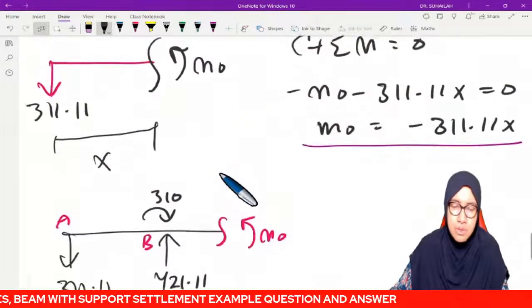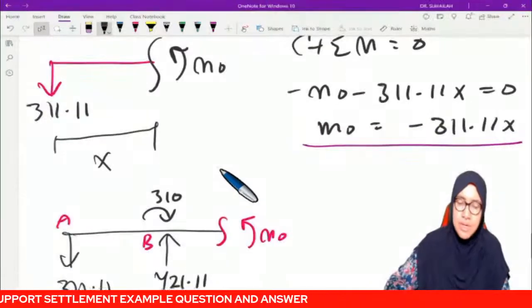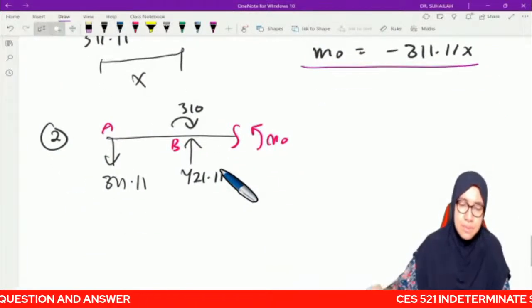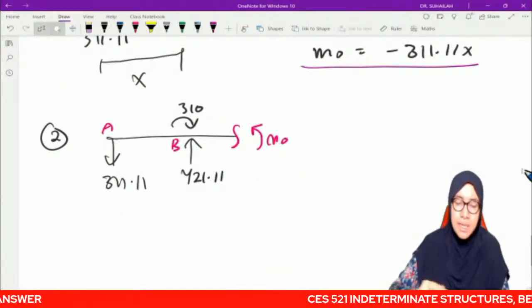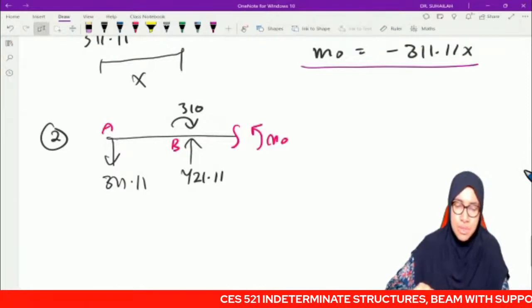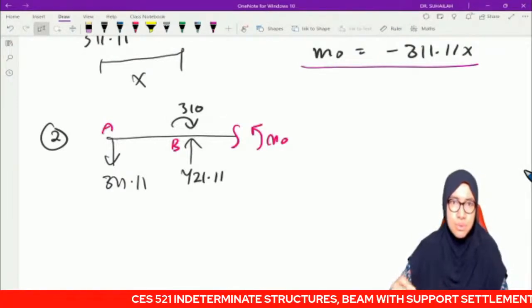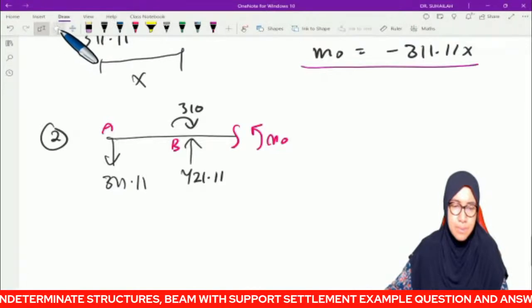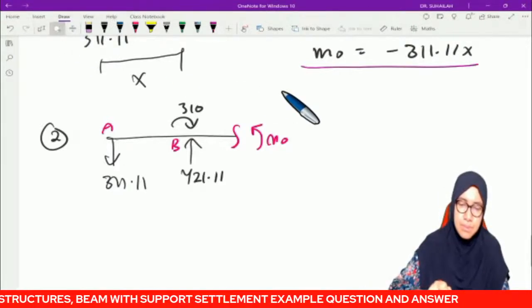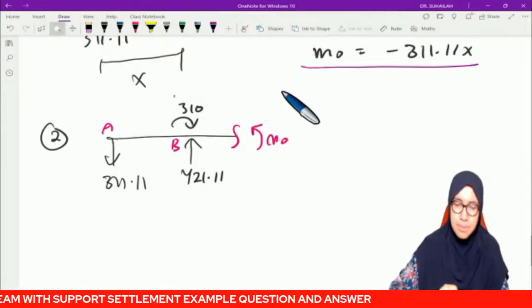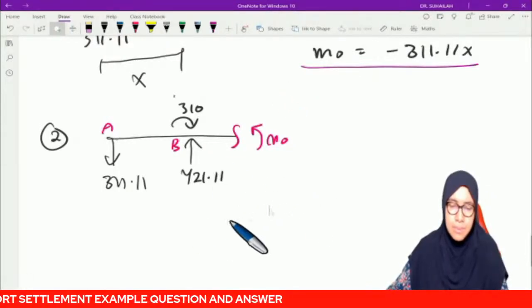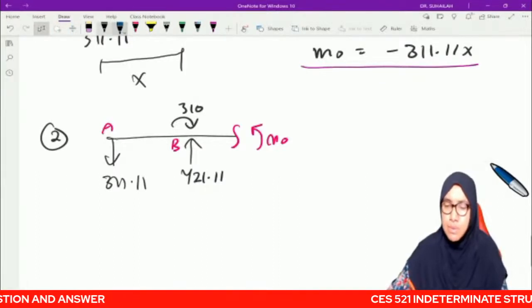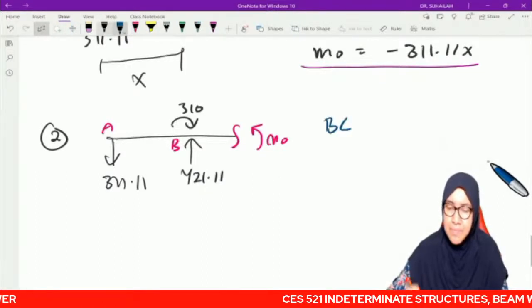So this is section number 2. This is BC.